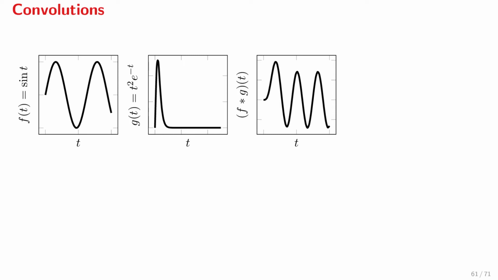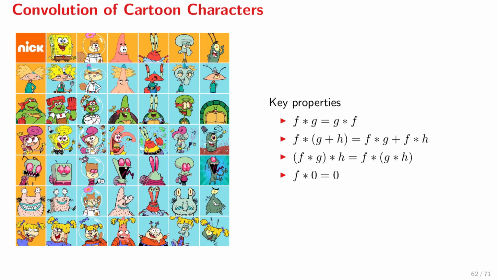And indeed the convolution looks really like the child of these two functions, because it goes up, you see that little peak in the beginning, and then it goes down to something that looks like sine of t.